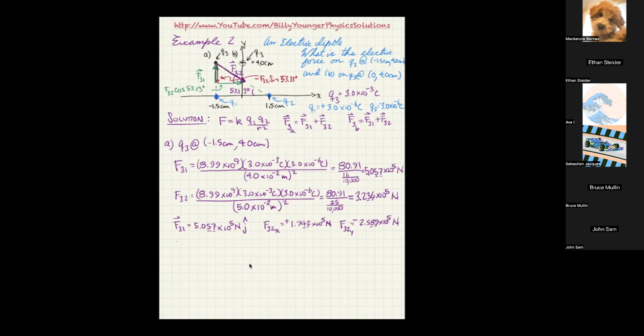So now I can say that F32 is equal to, I'm going to put the y first just because I have a y component directly above it, so it's smart to do it that way. So in this case, I'm going to say negative 2.589 times 10 to the 5th newtons j hat plus 1.942 times 10 to the 5th newtons i hat.